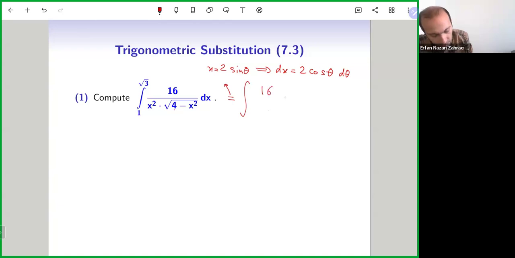So I have 16 over x squared. X is this, so it's 2 sine theta squared. Root of 4 minus x squared, which is 4 minus 2 sine theta squared.